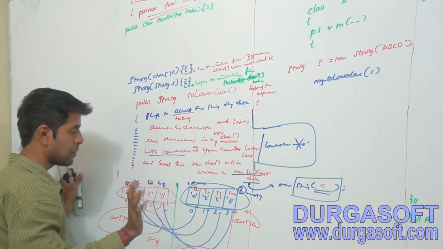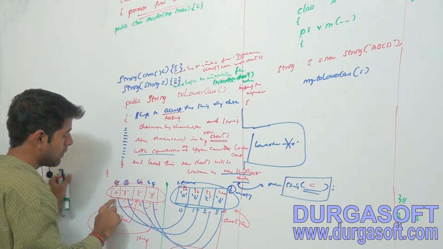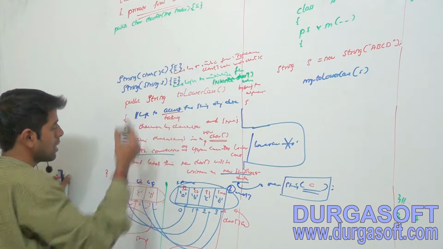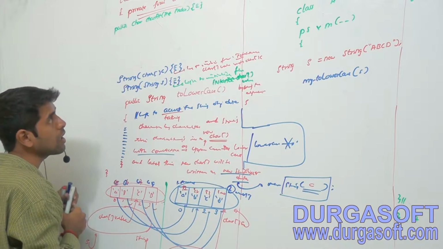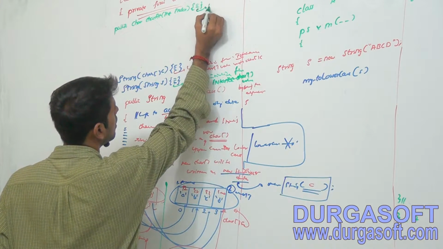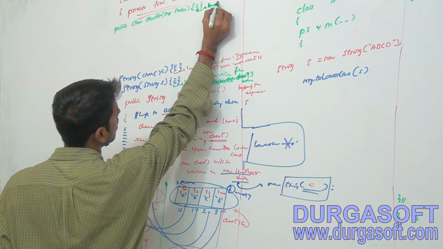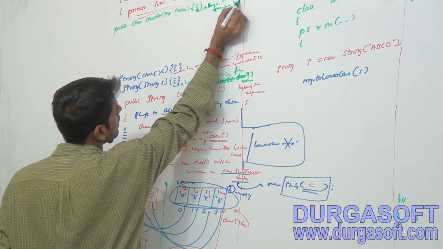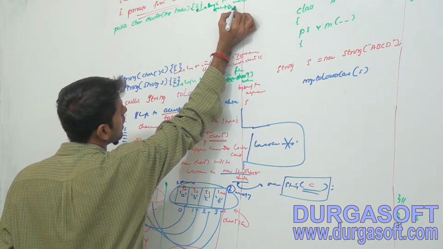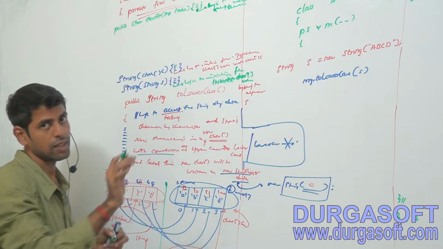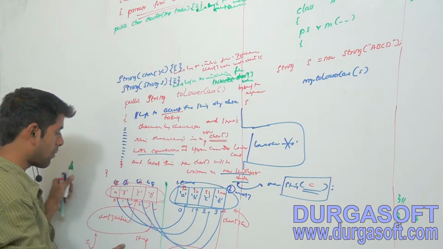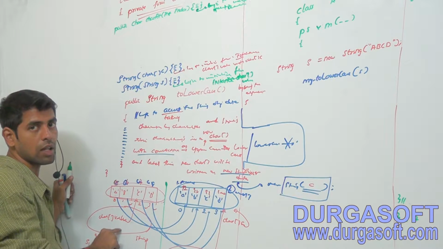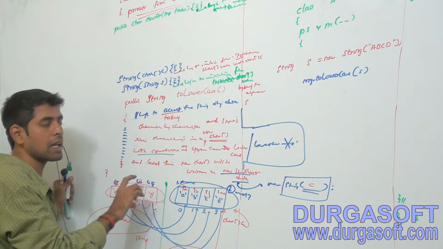If I give 0 here, it will return capital A. If I give 1 here, it will return capital B. The logic is to return the character at the specified index, available in the value array, the character array.